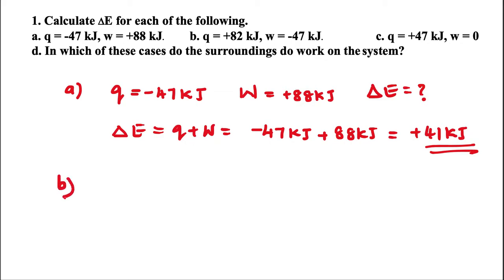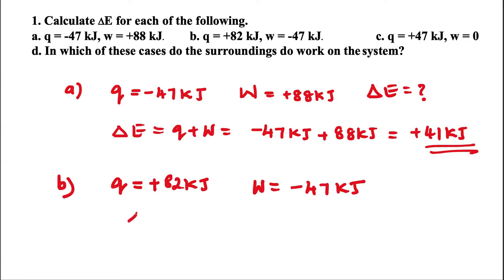Next, let's do the problem B. What is given here? Heat is given 82 kilojoules positive, that means heat is supplied to the system, and work is negative 47 kilojoules. So the system is taking the heat of 82 kilojoules and doing the work of 47 kilojoules. Basically, in the real world, you are taking 82 kilojoules of energy, spending 47, and the remainder stays with you.